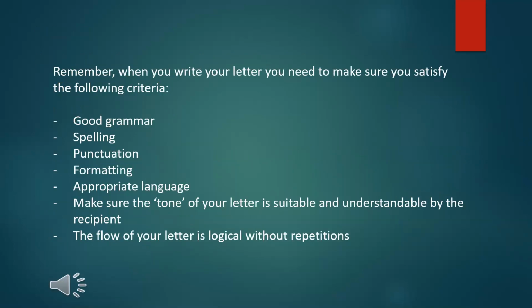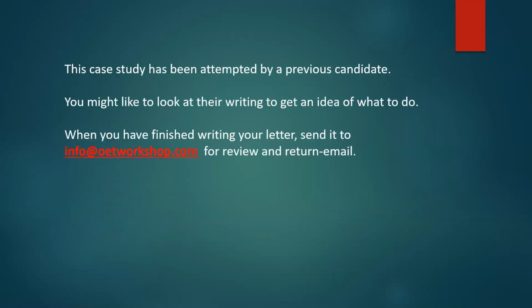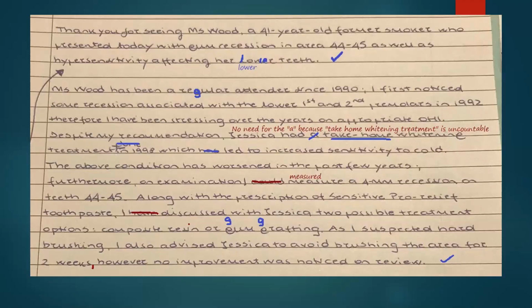Now, again, we've got a case study about this, a letter about this case study written by another candidate, and it's a pretty good letter. You'll see here there's a bit of grammar explanation going on here.